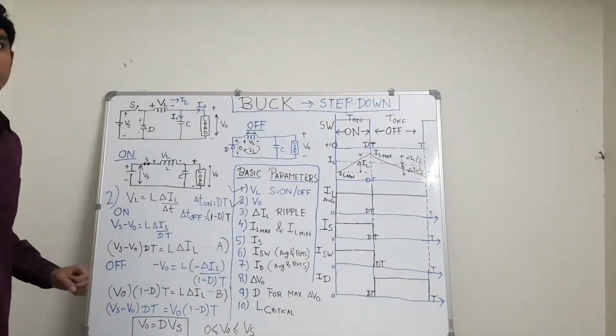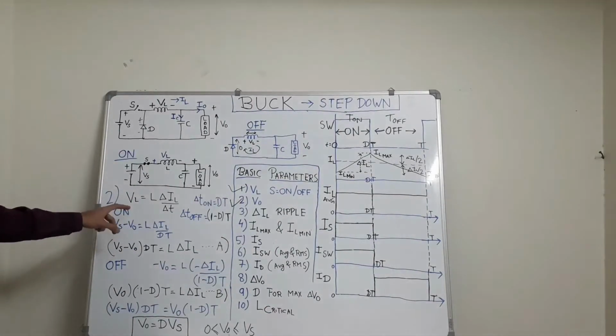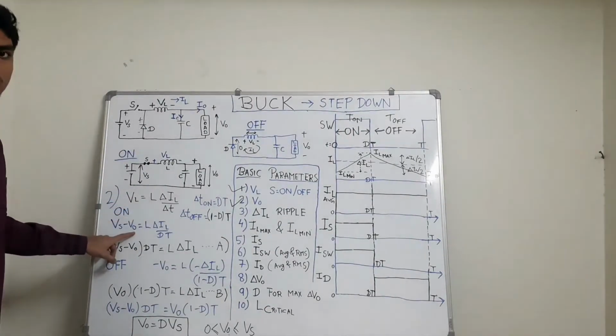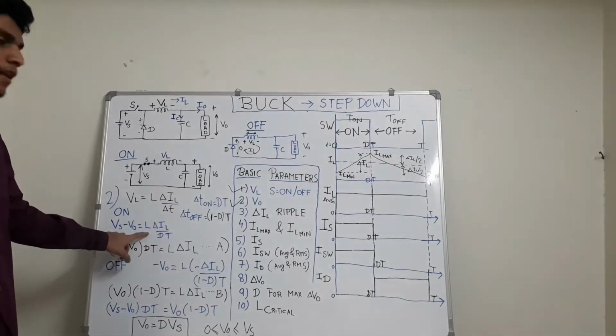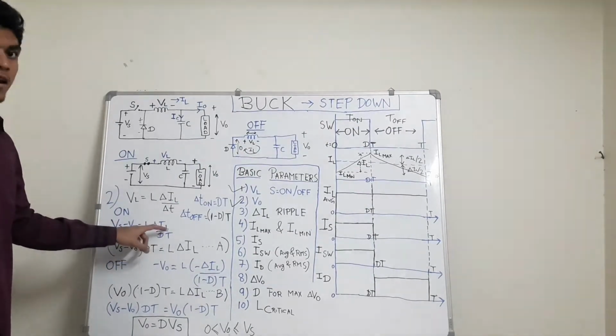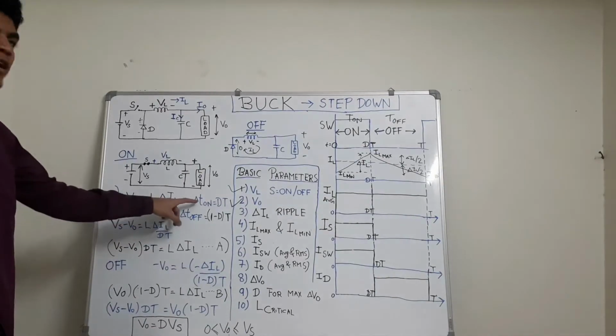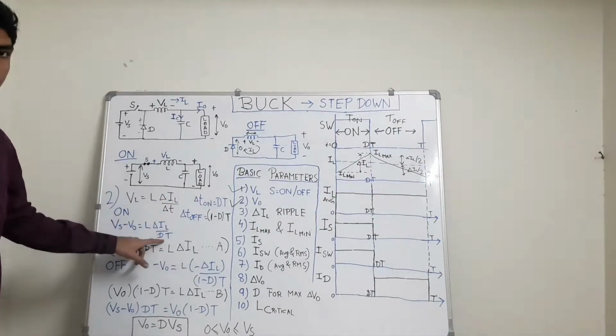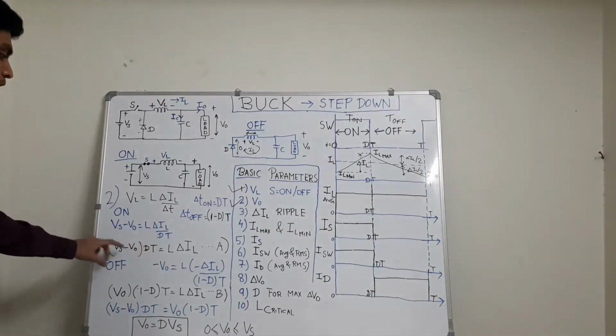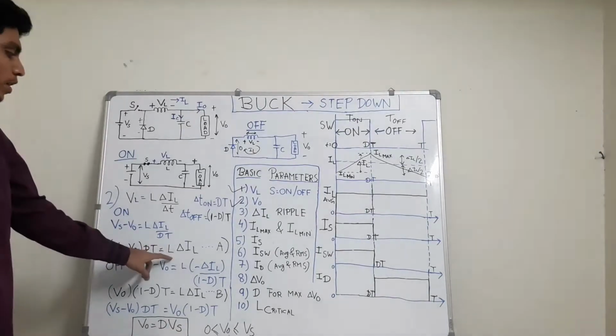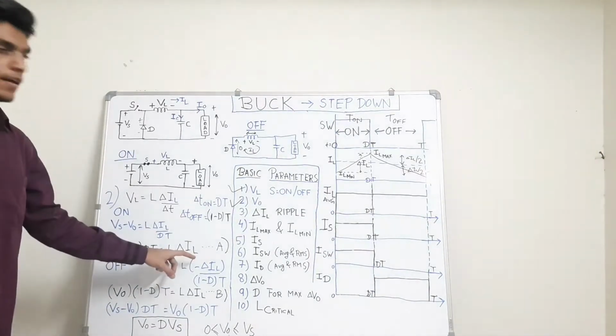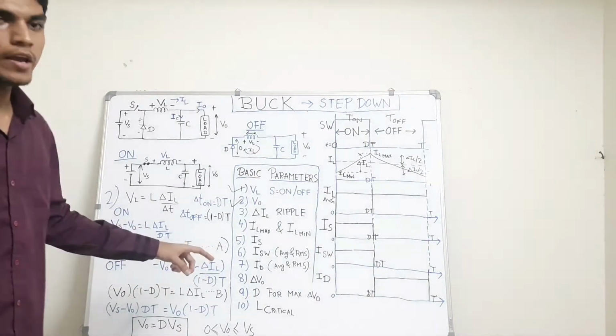So during the on time, VL on was Vs minus V0 equals to L into del IL divided by T on, that was dt. So Vs minus V0 into dt equals to L into del IL. That becomes equation number A.